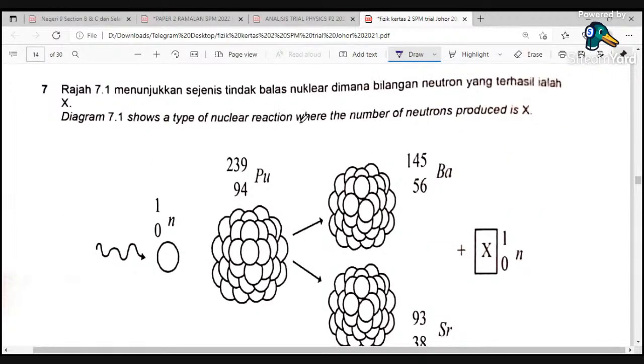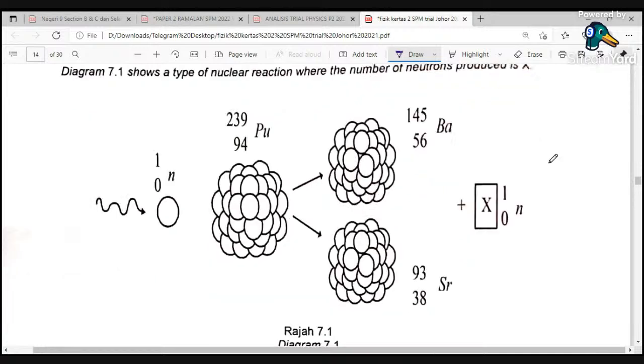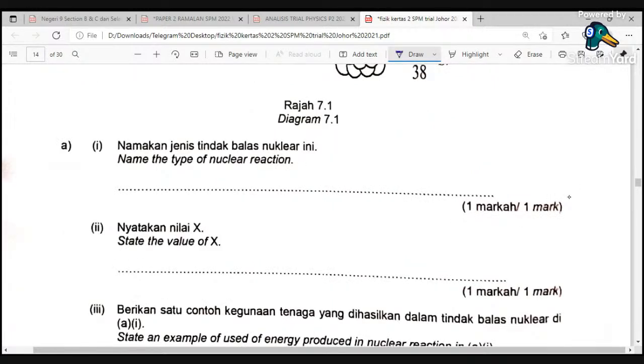Number 7. 7.1 shows a type of nuclear reaction where the number of neutrons produced is X. So this is nuclear fission, I think you know already, with barium and strontium. The number of neutrons released is two.